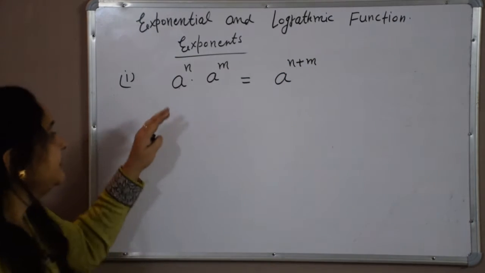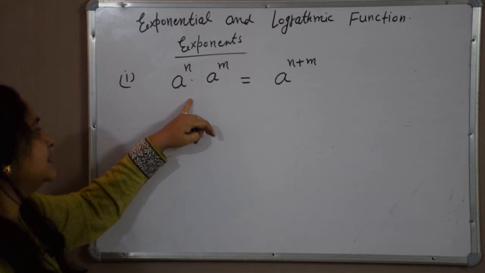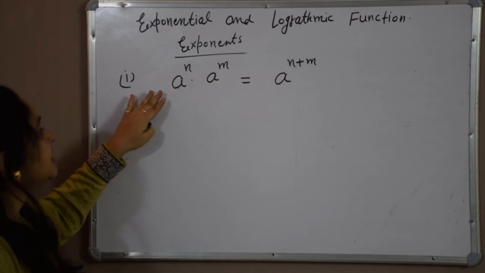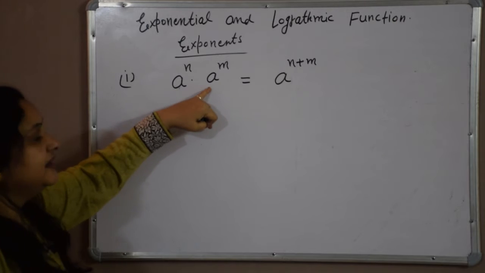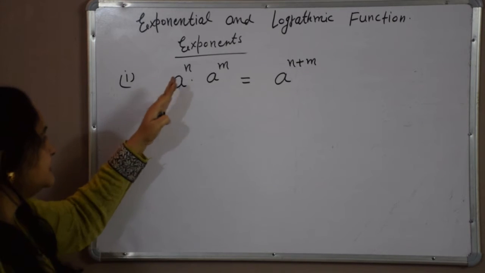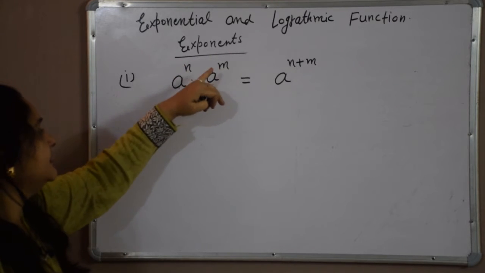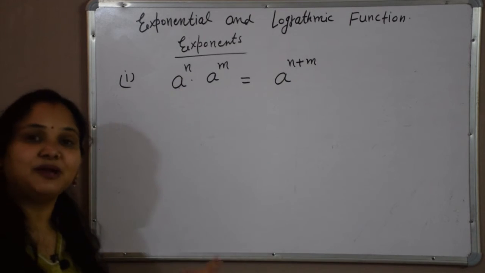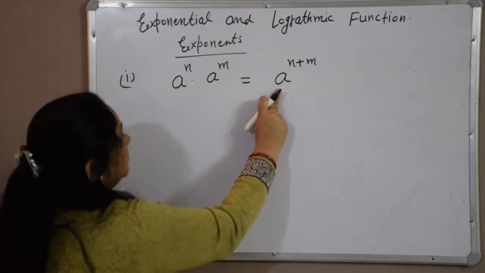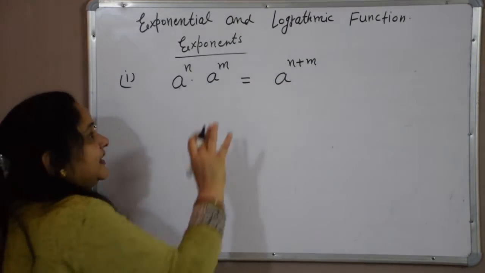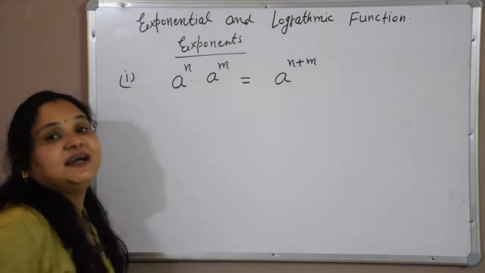That is, if we have to multiply two numbers in exponential form where their base is the same, here is a, here is again a, their base is the same, their exponents are different and they are getting multiplied, how can we solve them? We can solve them by taking their base one time and the powers get added.